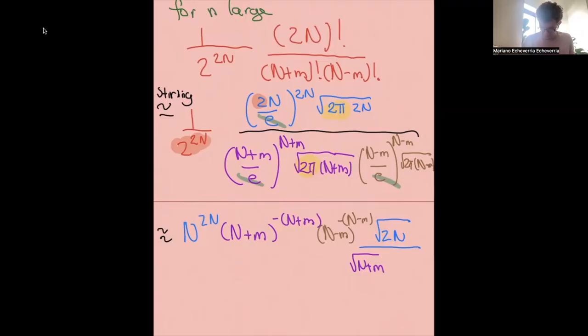To make this more symmetric, I'll take this root of 2 pi outside. Oh, and there's a 2 here that can cancel, so you also don't need this one. Okay. Whew. So we're on the right track.